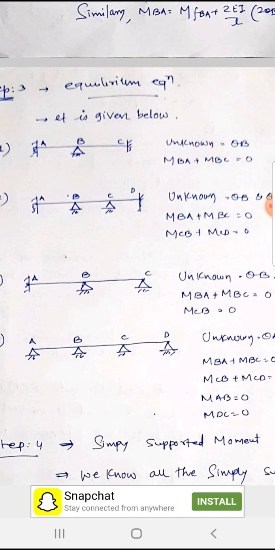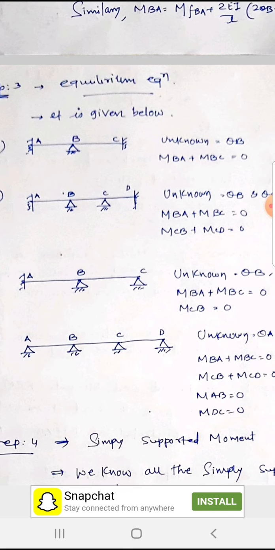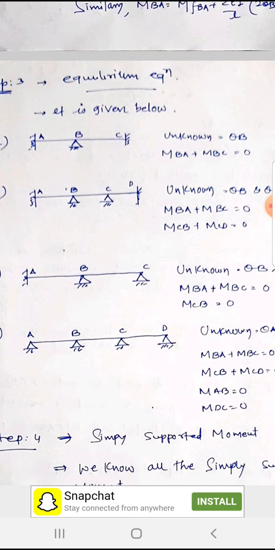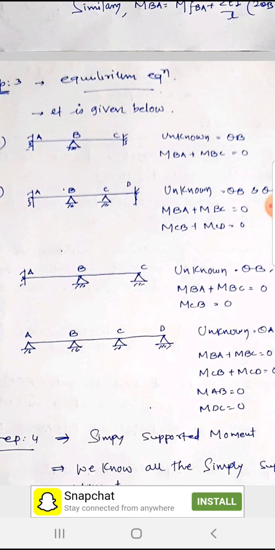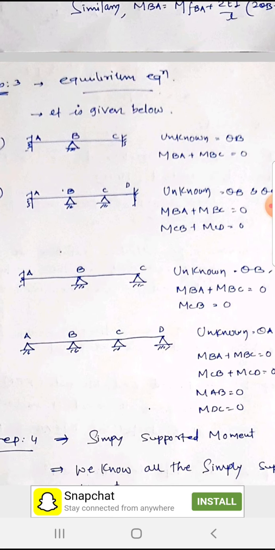Second, there is a 3 span continuous beam A, B, C, D. In that case, again A and D supports both are fixed. That's why theta A and theta D both are 0.